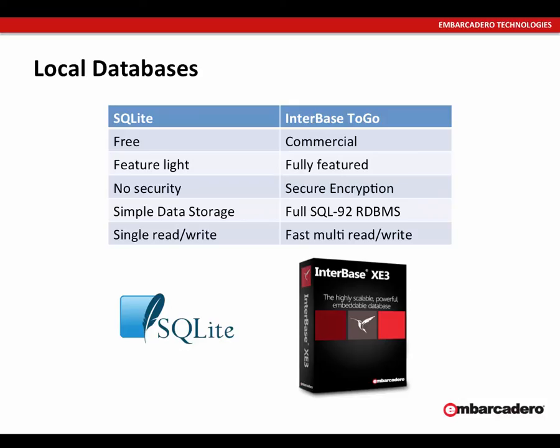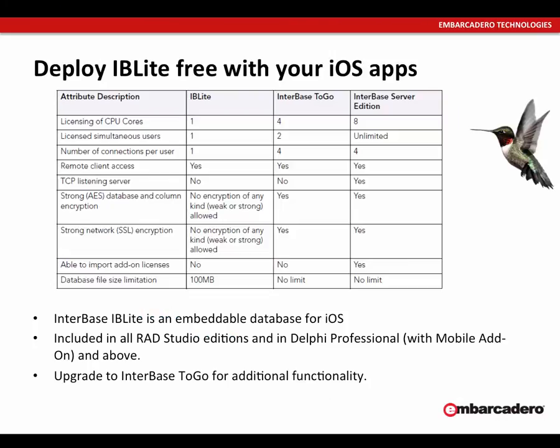You can embed it in a few megabytes into your application. The difference between the editions is on screen now, and we'll make sure there's a link in the resources so you can see this. In fact, if you go to the InterBase page on the Embarcadero website, you'll be able to see all the differences here.